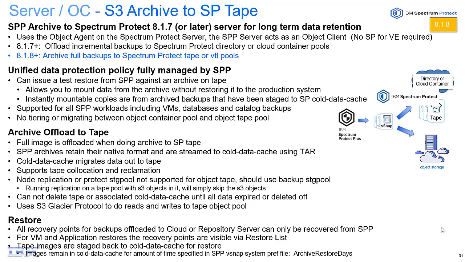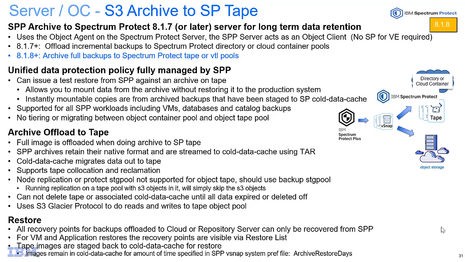When we archive off to tape from Spectrum Protect Plus, we're sending that full image, and we're actually using tar to send it over to Spectrum Protect via S3. And we initially put that archive into a cold data cache, which is a new type of disk storage pool inside of Spectrum Protect. And then that cold data cache will migrate the data out to tape.